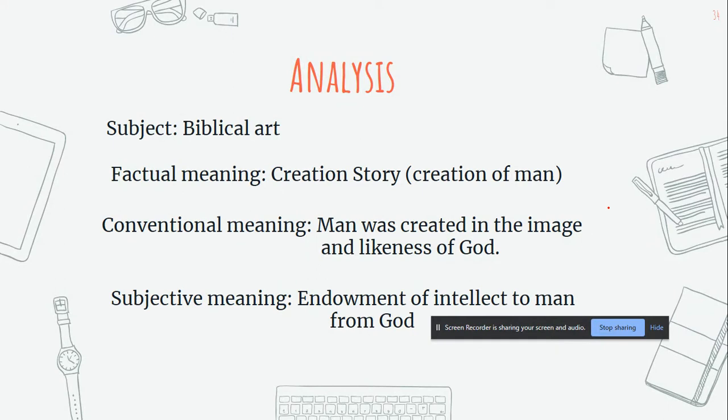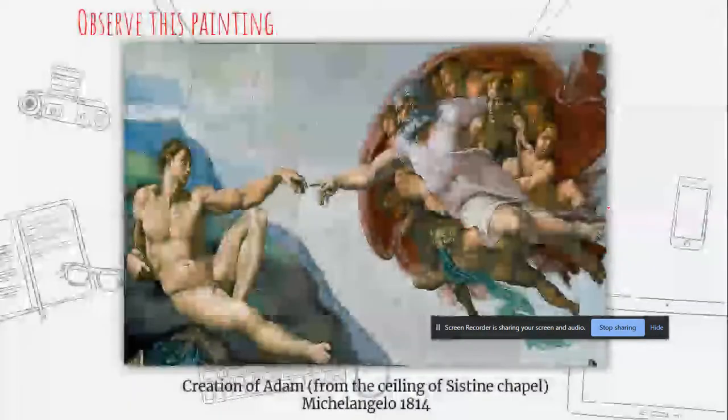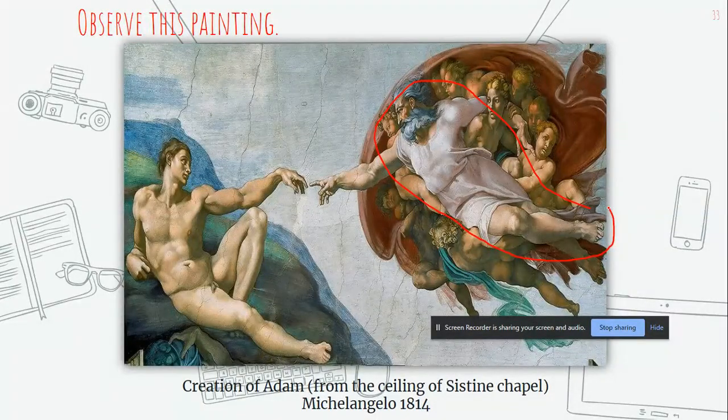And then this one, conventional meaning: man was created in the image and likeness of God. And for subjective meaning: endowment of intellect to man from God. But you can have more to it, to the subjective meaning. Like as I told you, you could say, oh, God is reaching for Adam because Adam is repenting his sins towards Him.